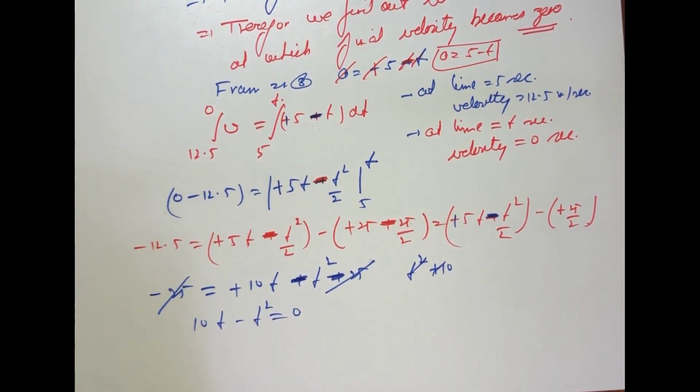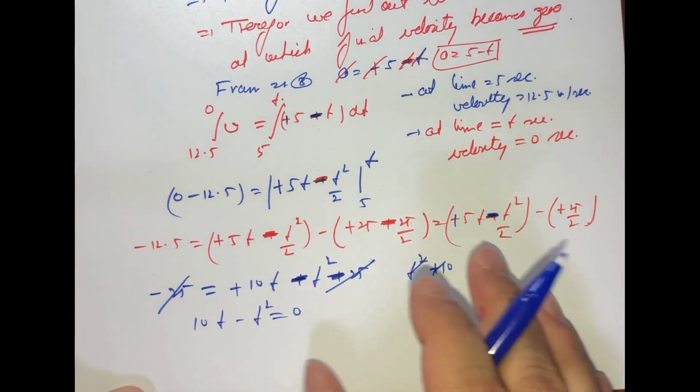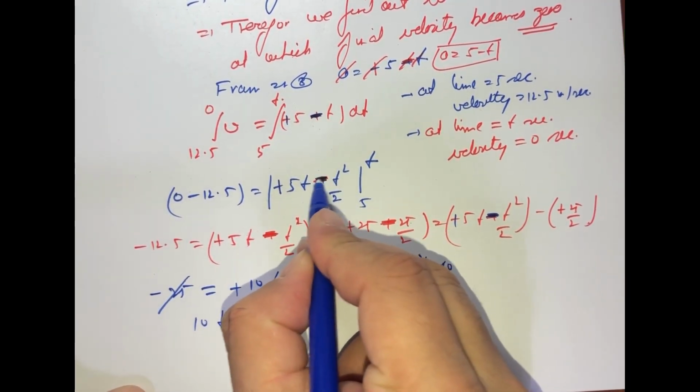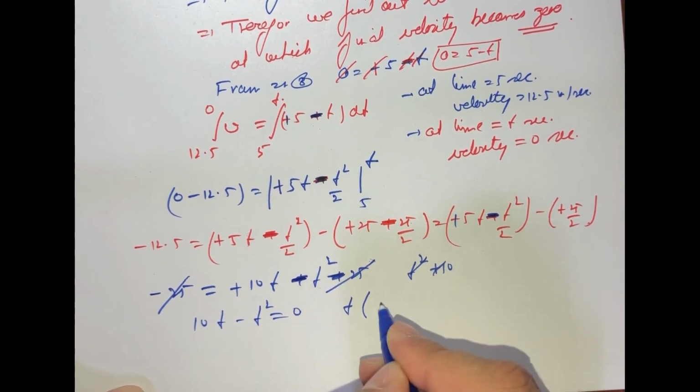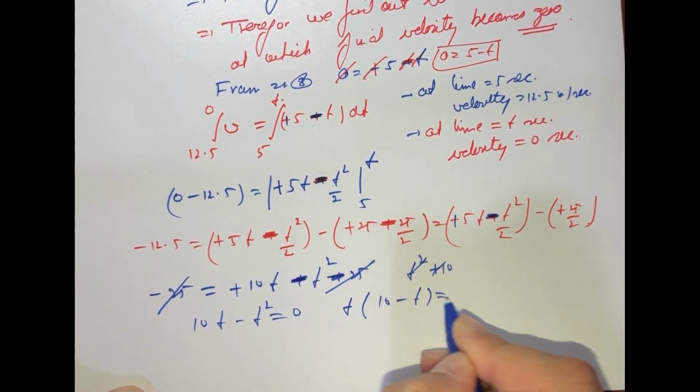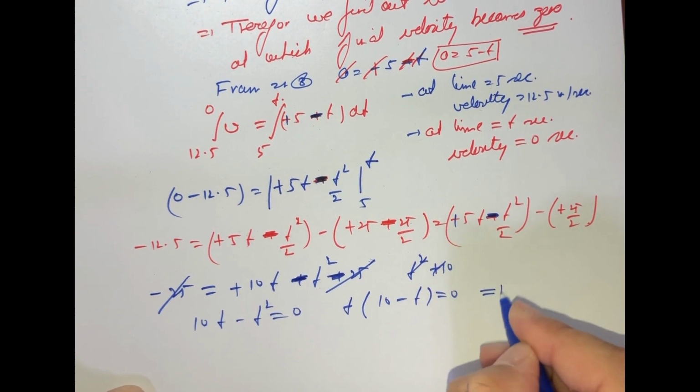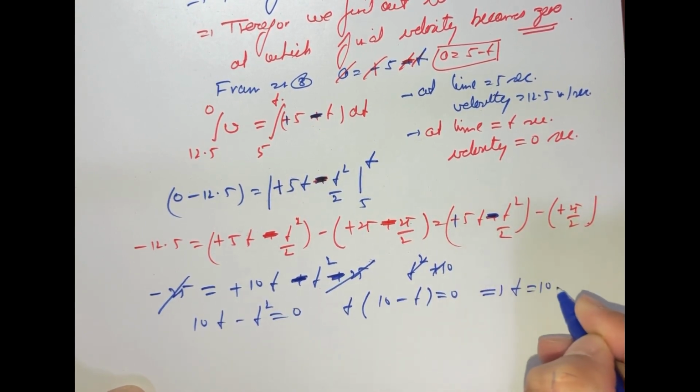Yeah, that's correct. I'm sorry for that. Okay, so we get this as t times 10 minus t is equal to 0. So from here we can say t is equal to 10 seconds.